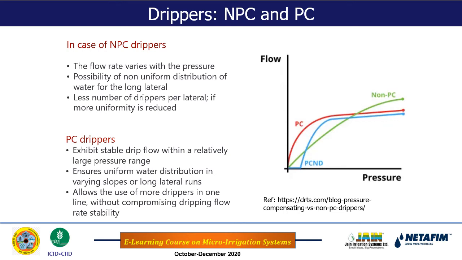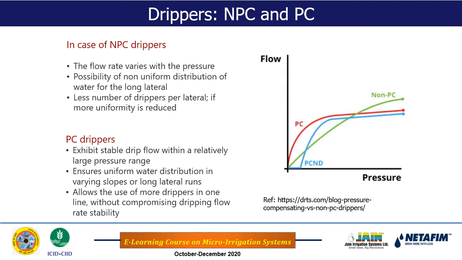So this means that if we install drippers and measure the discharge of the dripper at the head, it will be more, and the discharge at the tail will be less. For example, normally the pressure is to be maintained at 1 kg, or 10 meter.